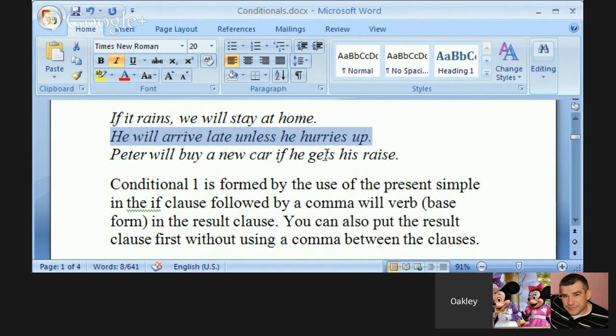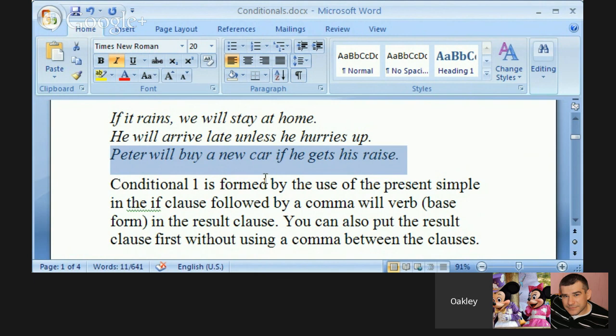It would mean the same thing. And last, Peter will buy a new car if he gets his raise. Here the speaker must think that it's somewhat realistic, or at least a definite possibility, that Peter will get a raise. If he didn't think that, he would phrase this a bit differently in the unreal condition.